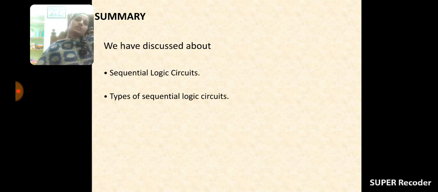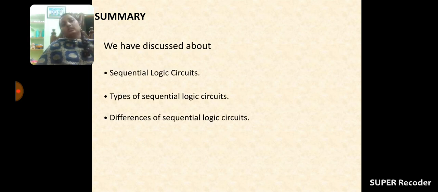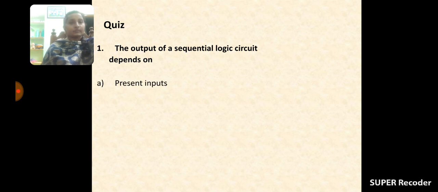And coming to the summary, today we have discussed sequential logic circuits, the types of different sequential logic circuits, the differences between sequential logic circuit and combinational logic circuit, and also the definition of flip-flop.